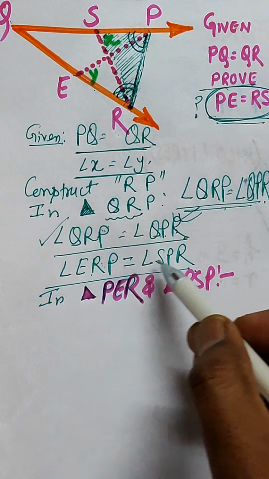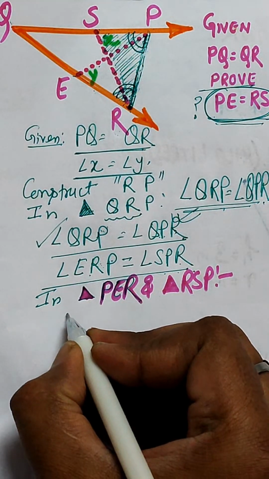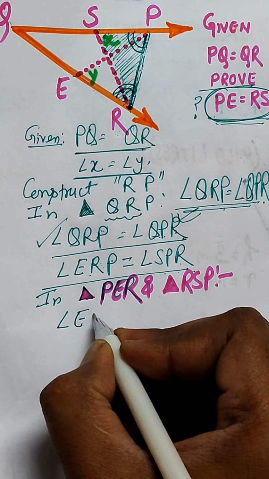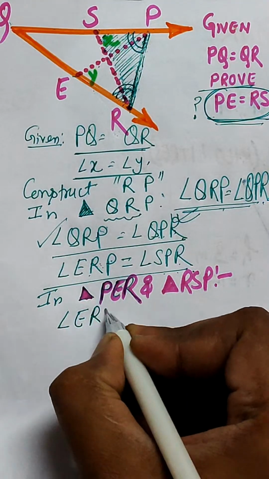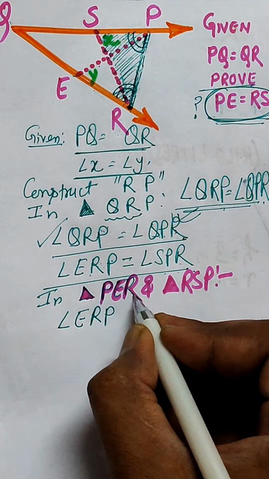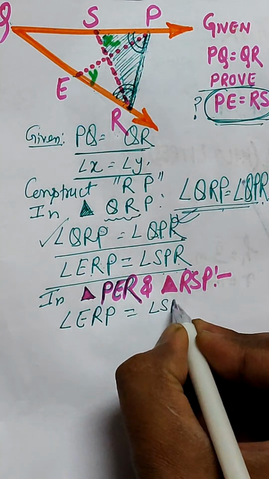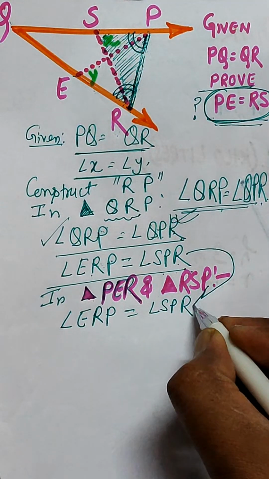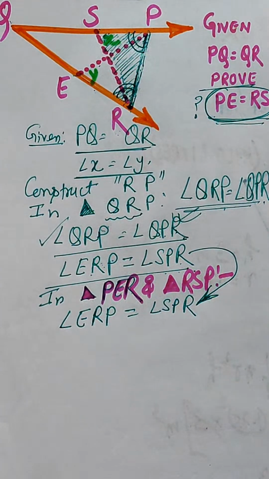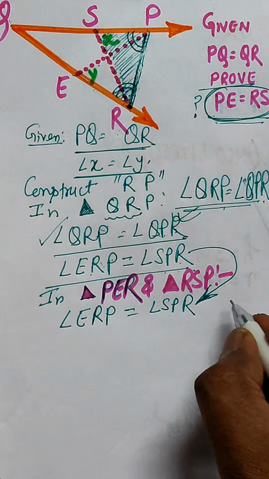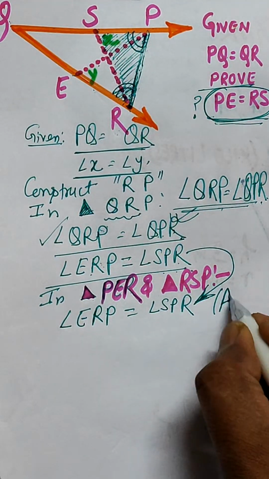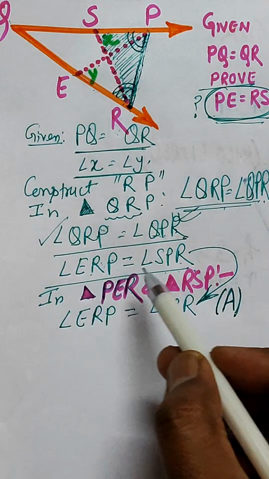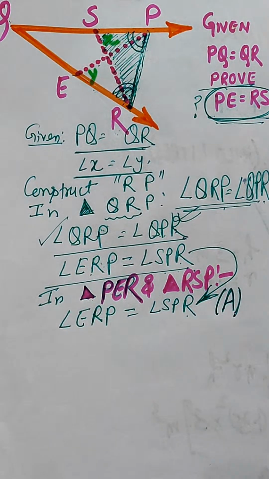This we have already proved, right? So this is the first criterion for the congruency we are going to prove. So we can write angle ERP from triangle PER is equal to angle SPR from triangle RSP. First criterion: for these two triangles, one of the angles is equal.